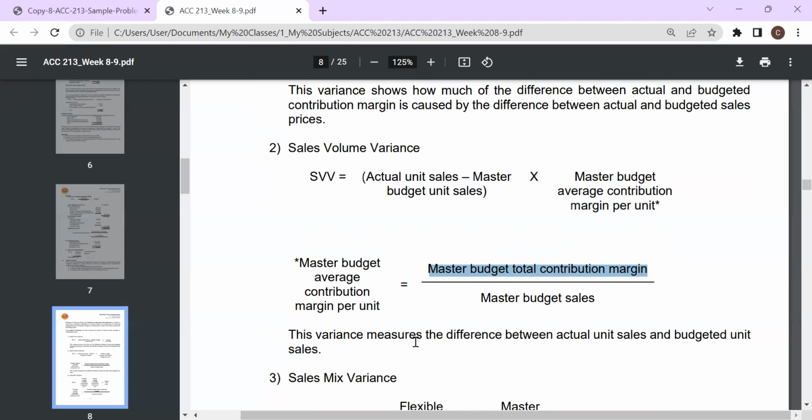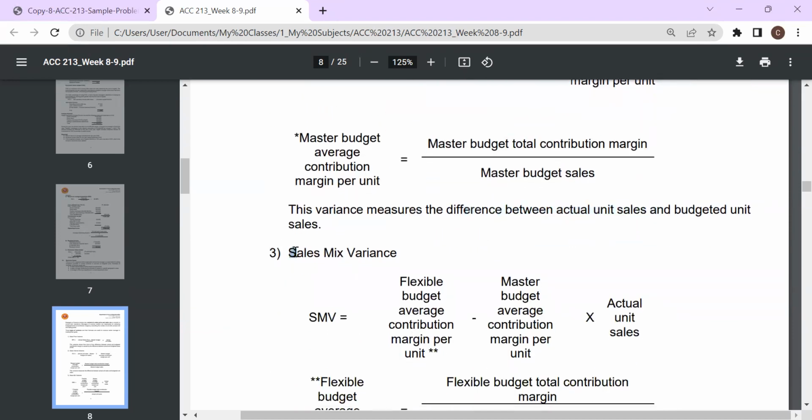So this variance measures the difference between the actual unit sales and the budgeted unit sales. So you are more concerned with the quantity. Baka short ka, or baka hindi na-hit yung target mo na number of units to be sold.